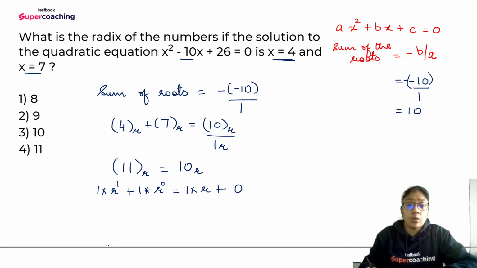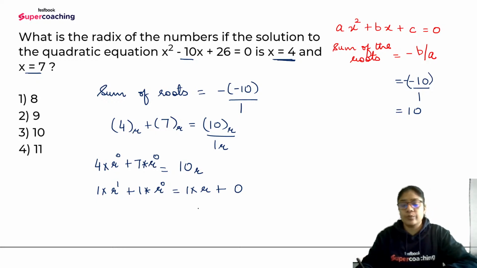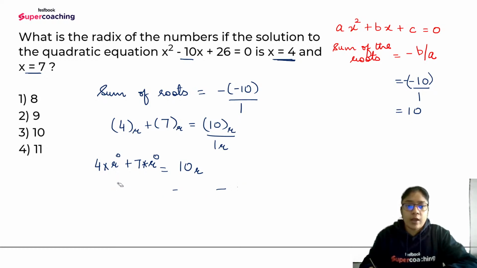Oh, wait a minute. Here we have done, it is 4 into r raised to power 0 plus 7 into r raised to power 0. Now when you solve this, what value for r are you getting?